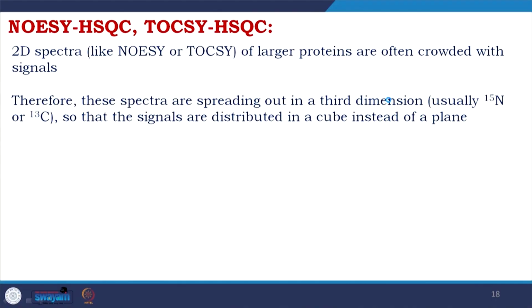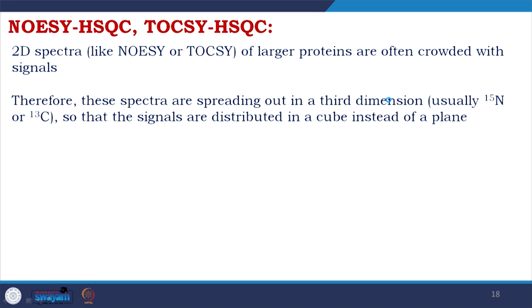that is one of the challenges. Therefore, because the spectra are crowded with signals in larger proteins, the spectra are spread out in a third dimension, usually 15N or 13C, so that the signals are distributed in a cube instead of a plane.